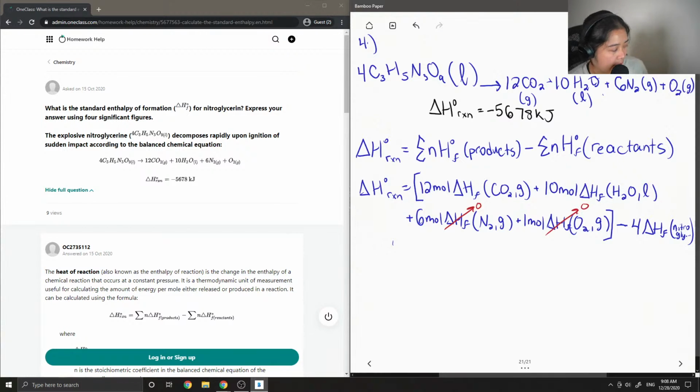So I'm just going to cross out their values from our equation. And then I'll write a note up here. When you have them in their elemental state, delta H of formation is equal to 0.